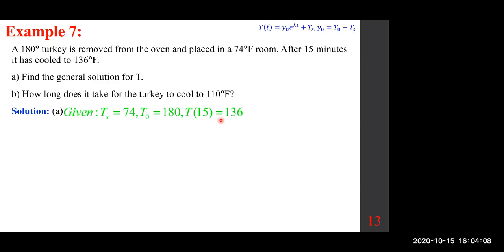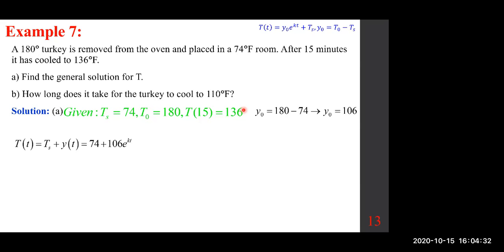So right away, we said Y sub 0 is T sub 0 minus T sub S. Their difference of 106 is Y sub 0. So having said that, we have the formula.